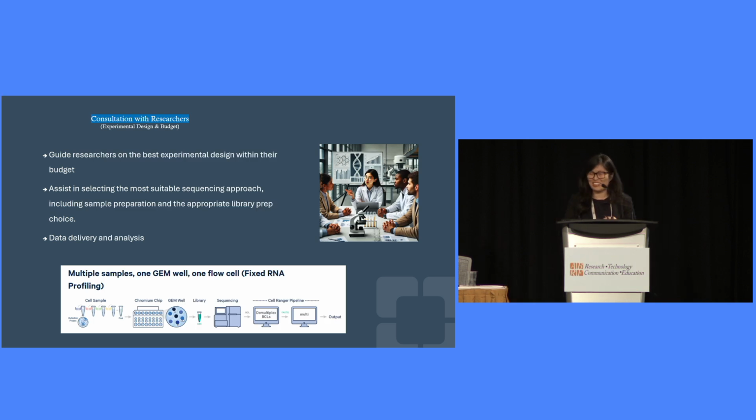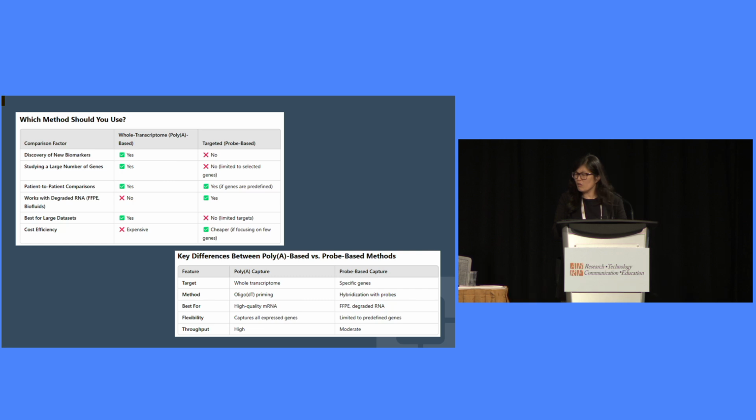I just want to point out one thing: even single-cell sequencing is usually poly-A-tail-based capturing, right? But now with the fixed RNA, fixed cells, it's probe-based capturing for single-cell sequencing with 10x. So it's kind of different.